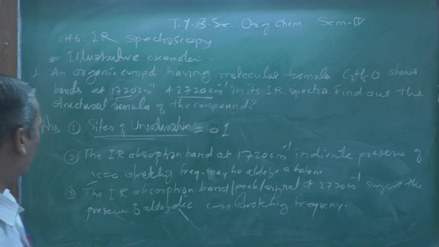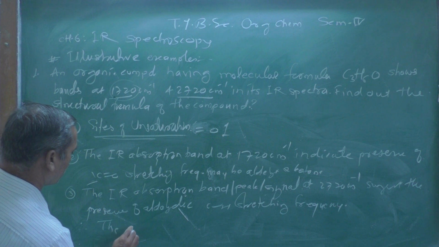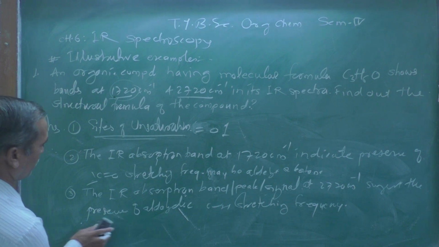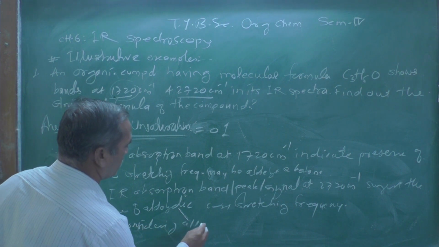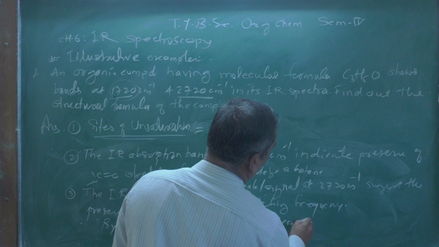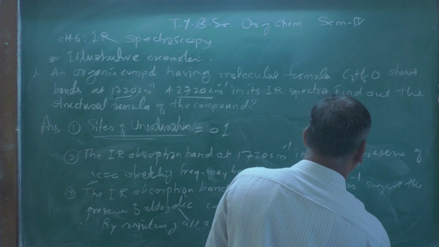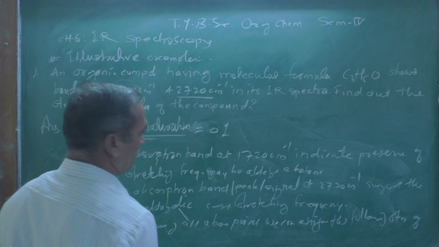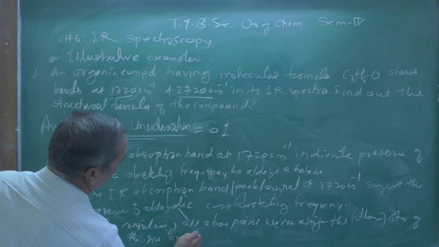Got it? And therefore, the probable structure: by considering all the above points, we can assign the following structure to the given organic compound.